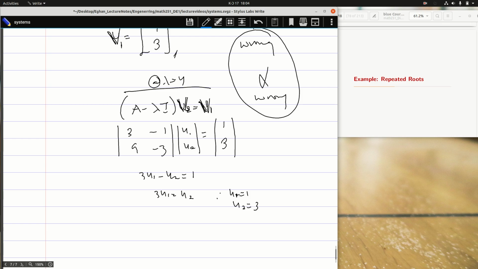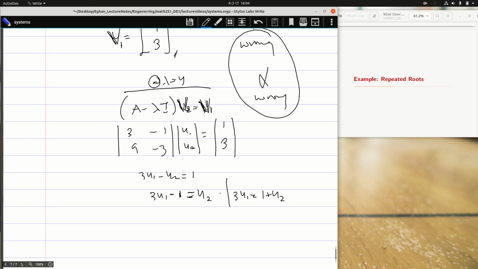No, that's not correct. It is not equal to 0, it is equal to 1. So it means 3u1 minus 1 is equal to u2. Or someone will say 3u1 is equal to 1 plus u2. Any way you want to write it out.